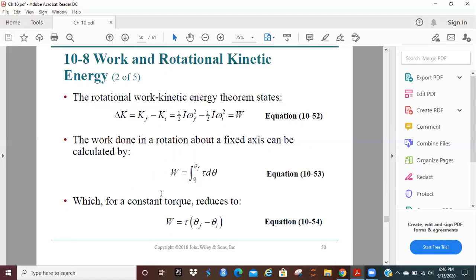So the work done in rotation about a fixed axis is basically taking the torque multiplied by d theta, integrating it from the initial to the final positions. If you have a constant torque, then that integral reduces down obviously to just this.